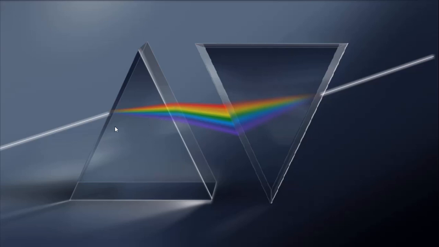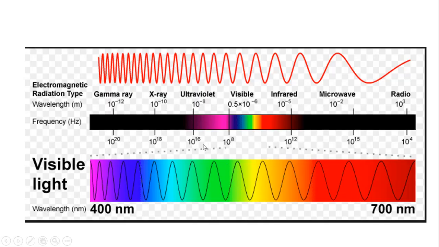So if we look at the previous slide, because one wave for the radio wave is so long and one wave of a gamma ray is so small, it means that the gamma rays will travel faster than the radio wave.